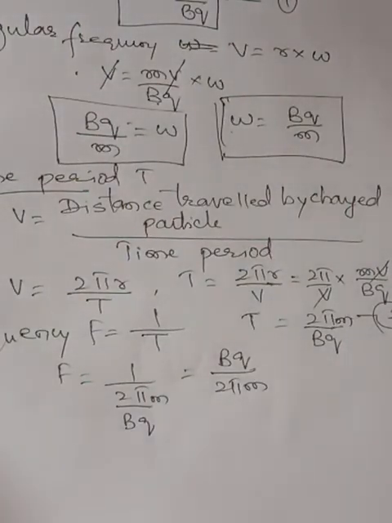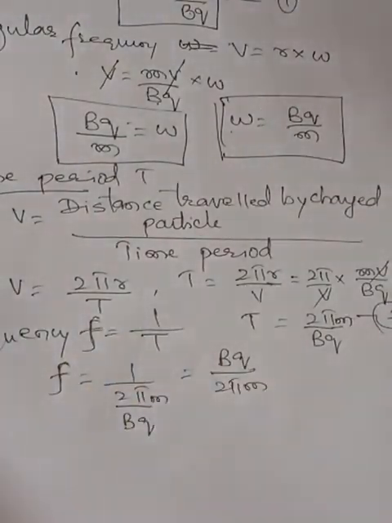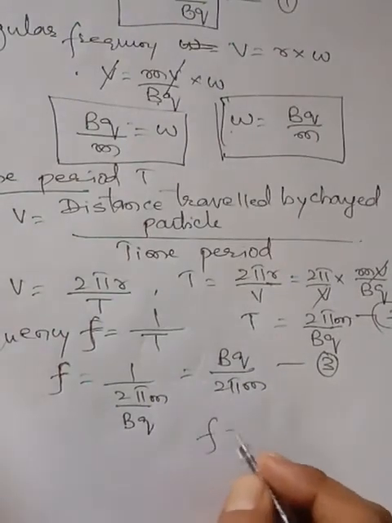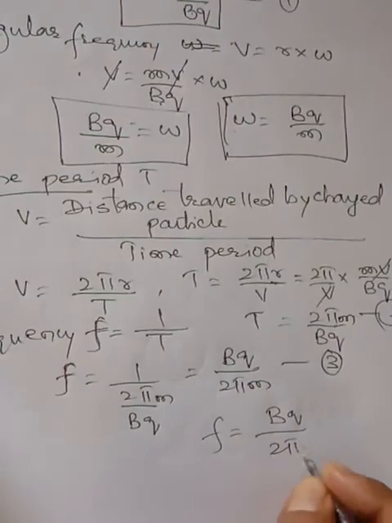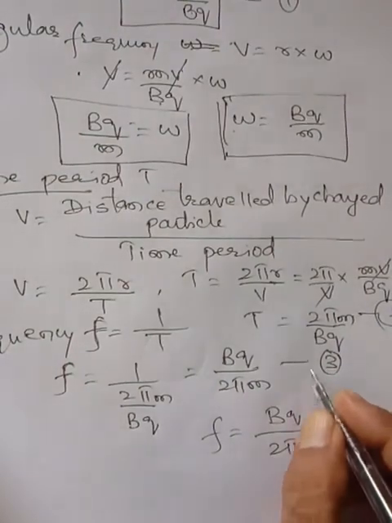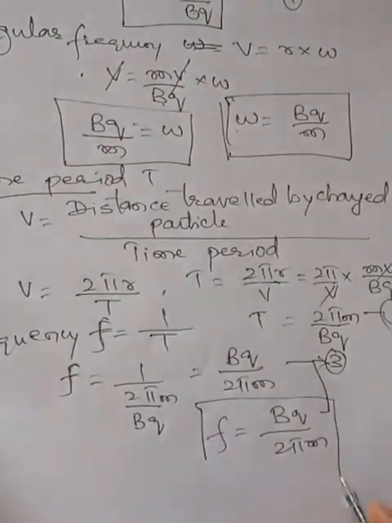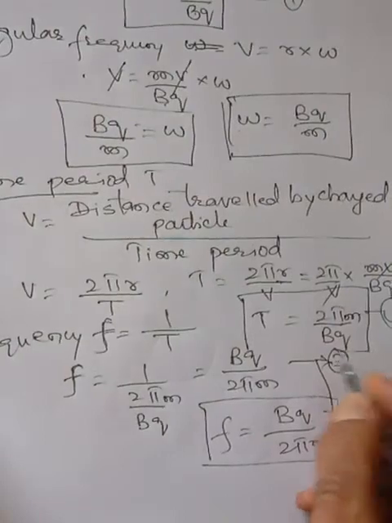So frequency f is equal to bq by 2 pi m. Now this is equation number 3. So equation 3 is for what? F is equal to bq by 2 pi m. This is the frequency. This is the time period.